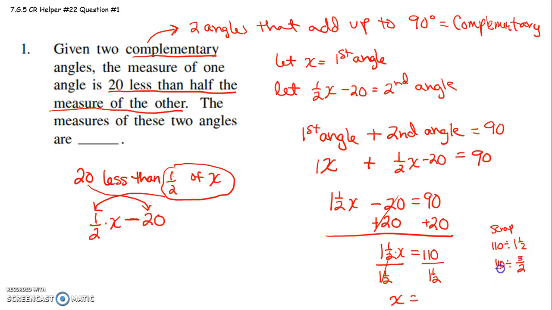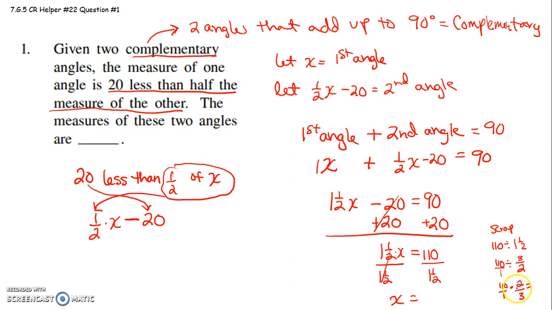So 110 is the same as 110 over 1, and then I'm going to keep, change, flip. I keep the 110 over 1, change the division to multiplication, and flip the second fraction, making it 2 over 3. This actually will not come out to be a nice number, I don't believe.